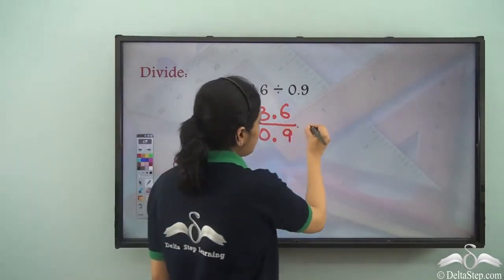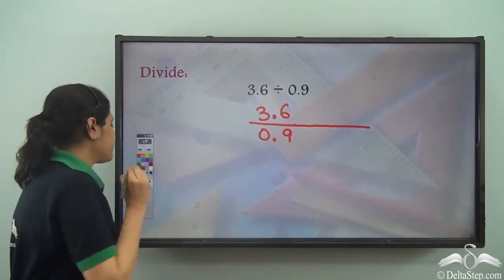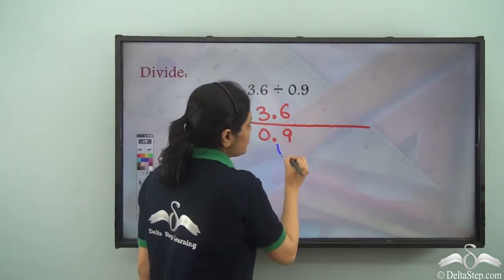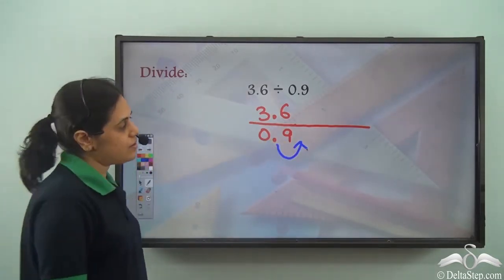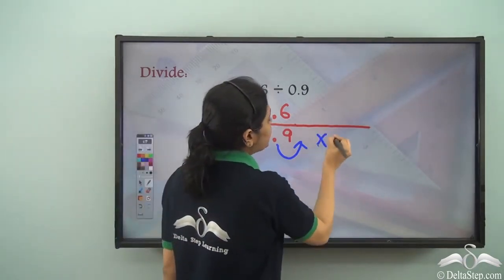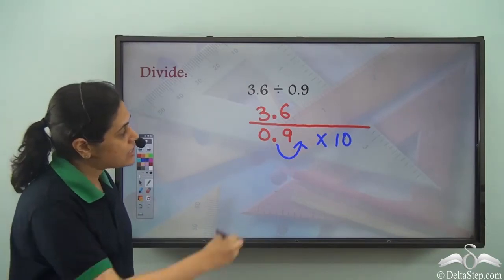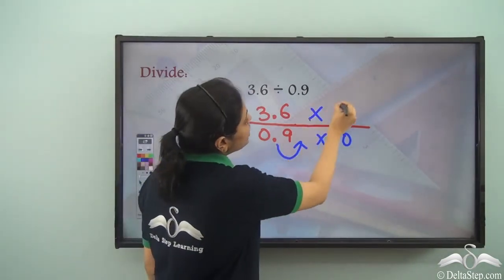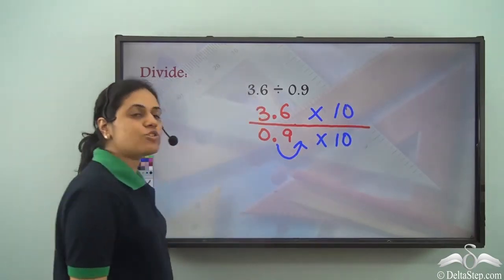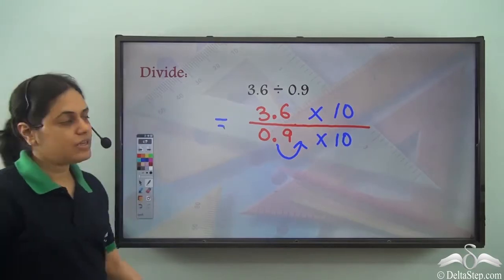Now the decimal point in the divisor has to be removed. It has to be shifted to the right by one place, and we can do that by multiplying it by 10. And if I multiply the denominator by 10, I need to multiply the numerator also by 10.